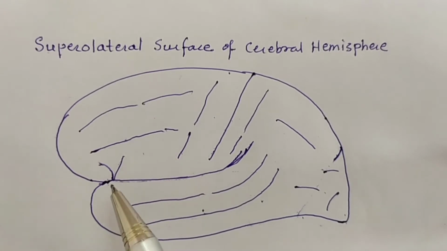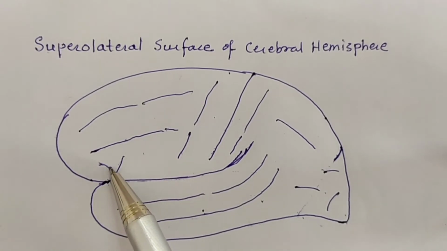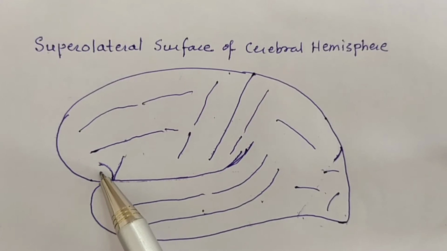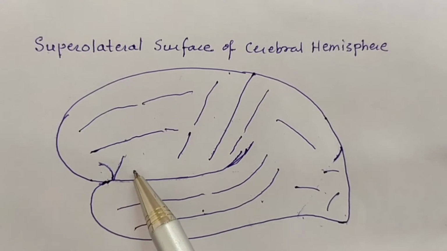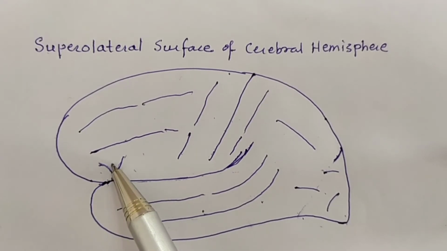The inferior frontal gyrus is again divided by the anterior and ascending rami of the lateral sulcus into pars orbitalis, pars triangularis, and pars opercularis. Pars triangularis lies between anterior and ascending ramus.